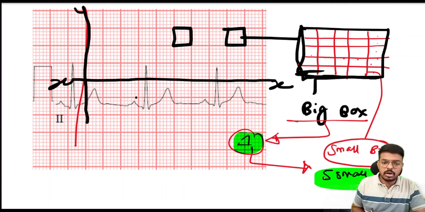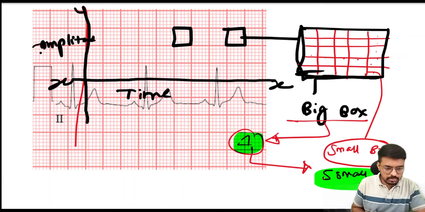So here on the x-axis, we will count the time duration, and on the y-axis, we have to check the amplitude or the height of the waves which are generating. Consider it is a P wave. So what is the height of the P wave? We have to say what is the amplitude of the P wave.